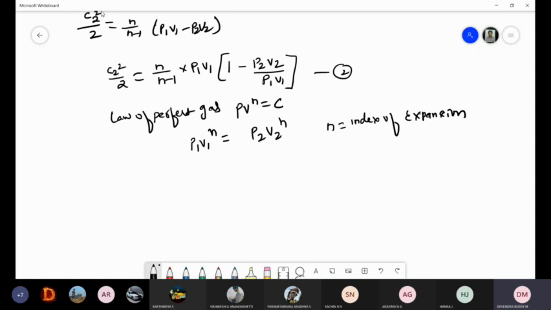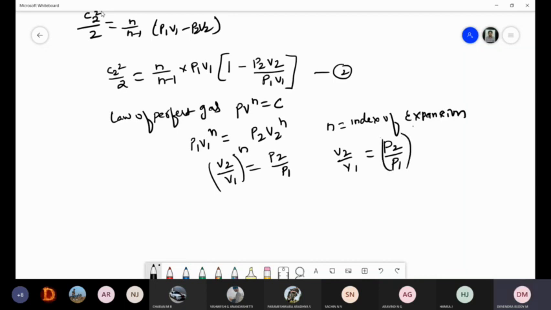Now this equation I'll write like this: V2 by V1 equals P2 by P1. Can I write in this form? Yes, sir. Now I'll write V2 by V1 equals P2 by P1 to the power 1 by n.